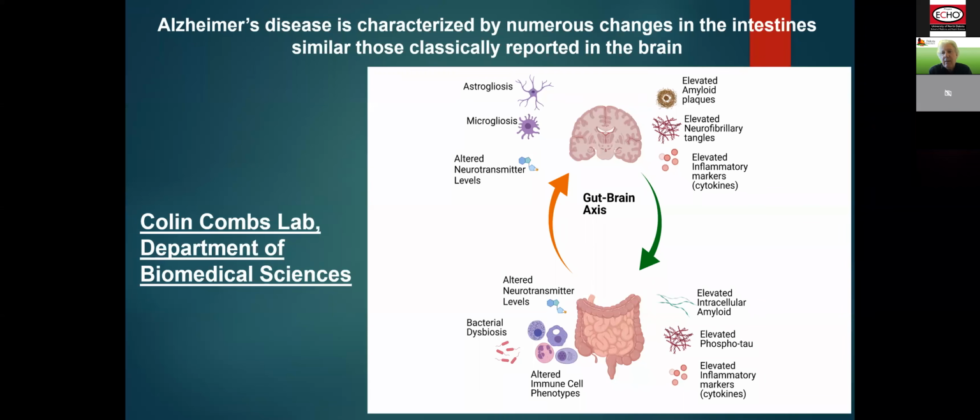Now, again, these are mouse research studies and need to be replicated in humans, but there's a lot of evidence that your gut has or can have low levels of inflammation. So it's known, for example, that patients with longstanding inflammatory bowel disease, such as Crohn's or ulcerative colitis, have an increased risk for Alzheimer's disease.